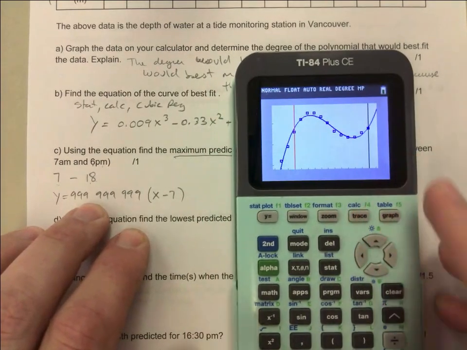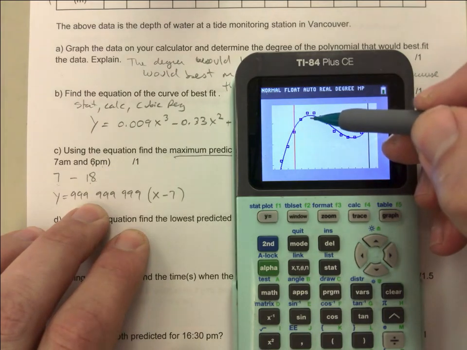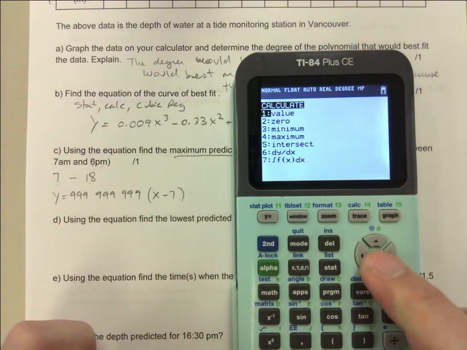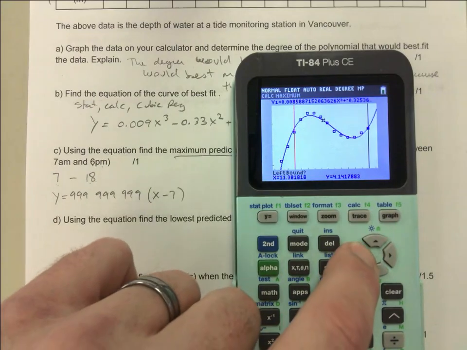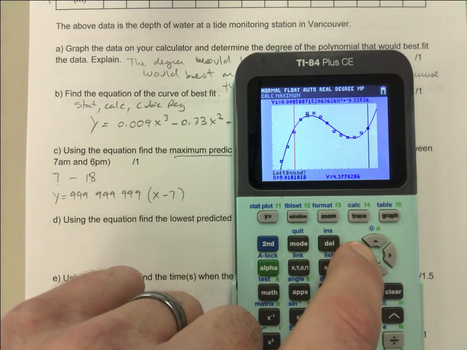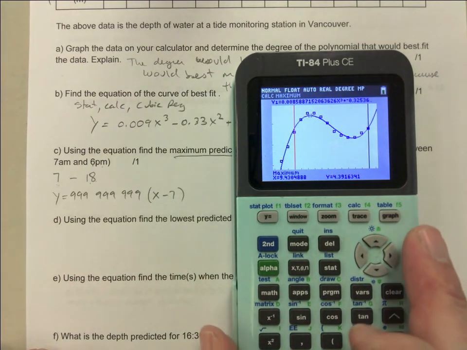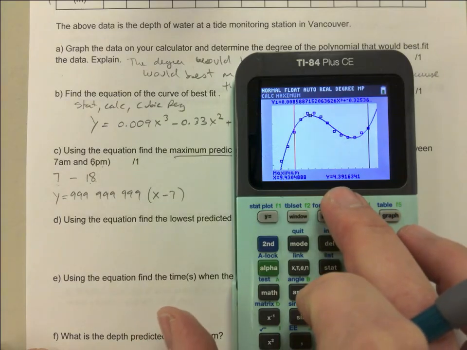So it says the maximum depth. So we want to look at that. That's the highest point that I have in this stretch here. So second trace maximum. I will find the left and the right. Enter, enter. So that is 4.39, right?